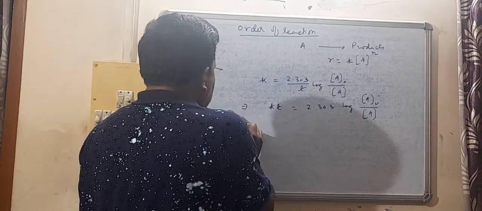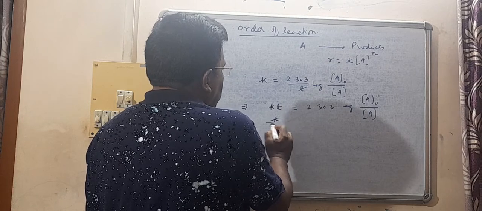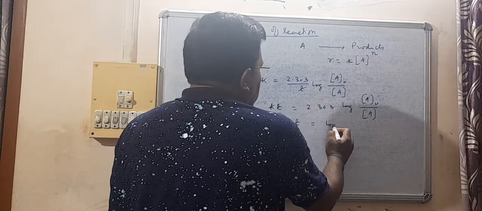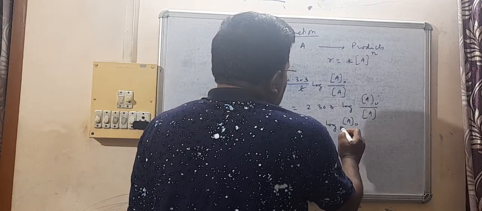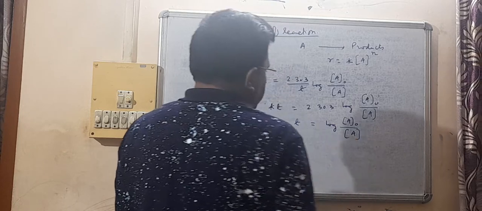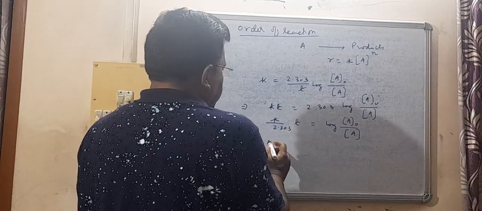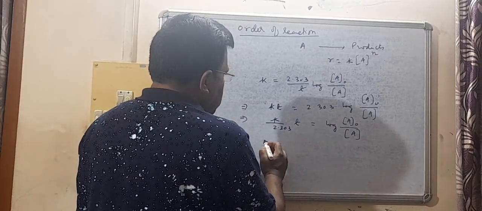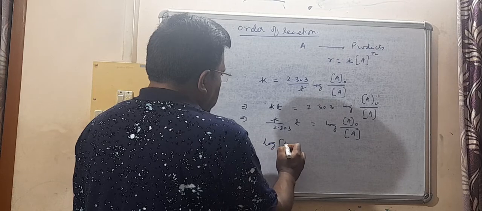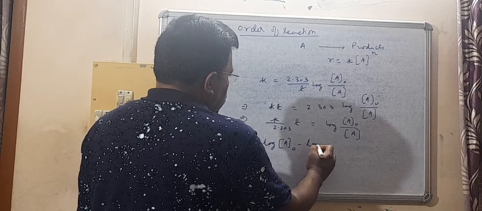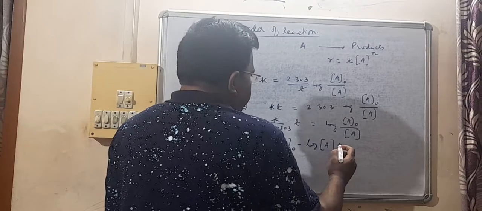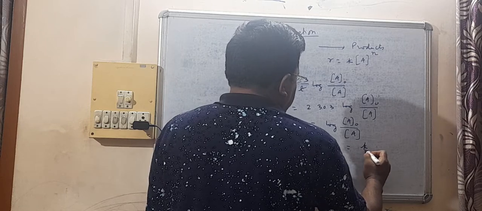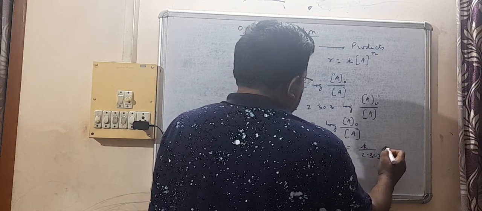Or we can write from here k/(2.303) into t is equal to log(A naught/A). That is, you can write this one as log A naught minus log A is equal to kt/2.303.